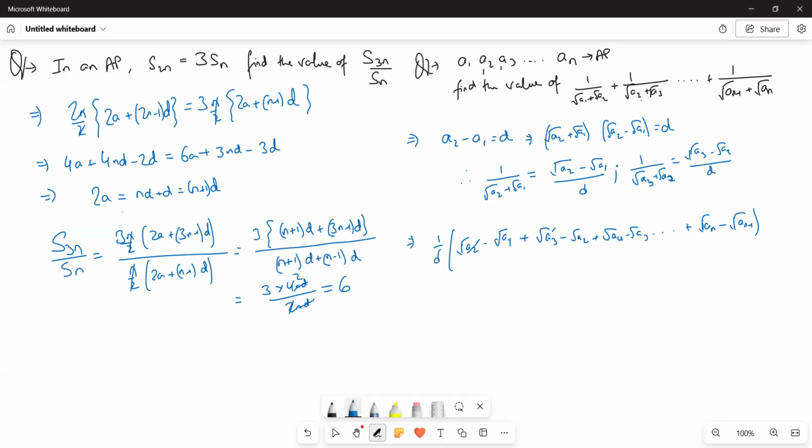So except for the term of the smallest value and the term of the largest value, everything gets cancelled off. So this would be 1 by D into root over of AN minus root over of A1.